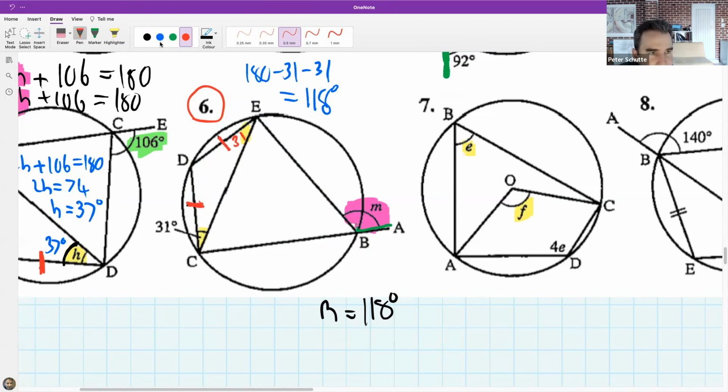Now, if I want to find what this angle is, I simply need to go 180 minus 31 minus 31, and I get 118. So this angle is 118. The problem is, what has this got to do with the M down here? Well, D is the interior angle and M is the exterior opposite. And so M will be 118. I hope that helps a little bit.